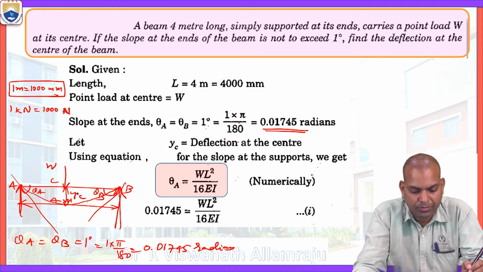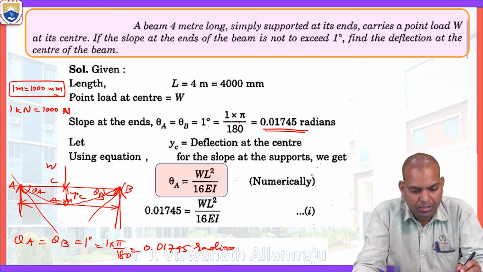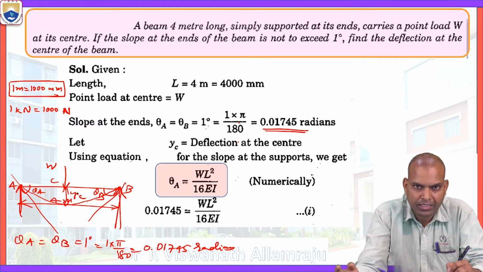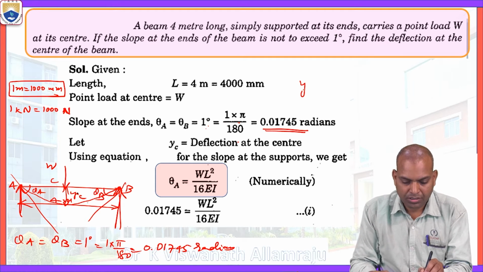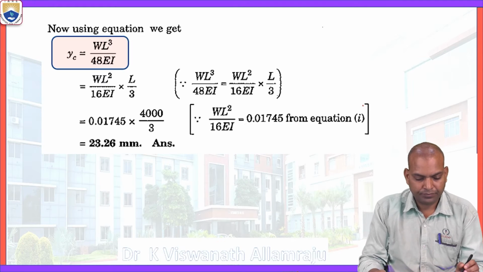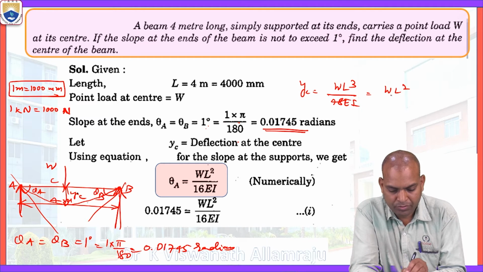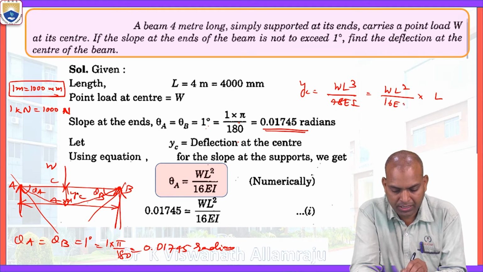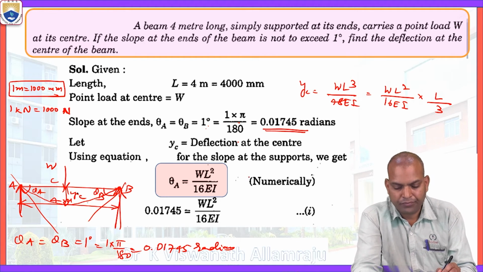So how to solve the problem? Based on the data, the slope at the ends of the beam is not to exceed 1 degree. That means by using the slope, we can connect it to the maximum deflection. The deflection YC is WL cubed by 48 EI. The slope can be written as WL squared into L by 48 EI, since 3 times 16 is 48.